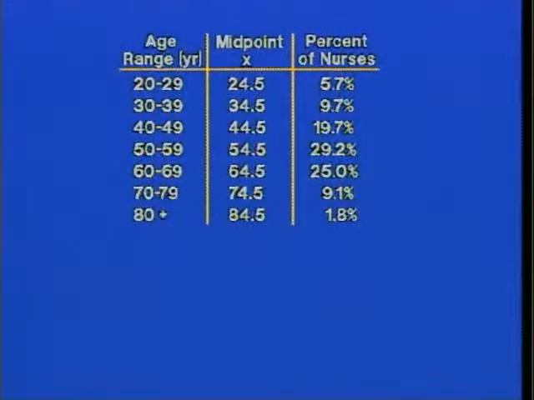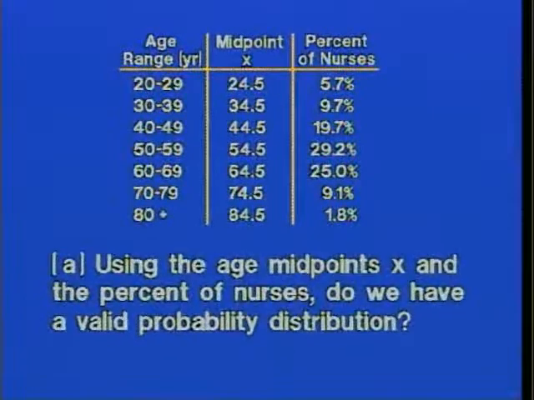Notice the first column, the left column, is composed of age ranges, and in the next column the midpoint for all of those age ranges, and then a percent of nurses associated with each of these age ranges. Now, using the age midpoints x and the percent of nurses, do we have a valid probability distribution?